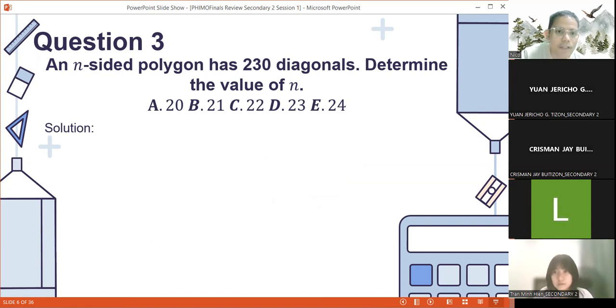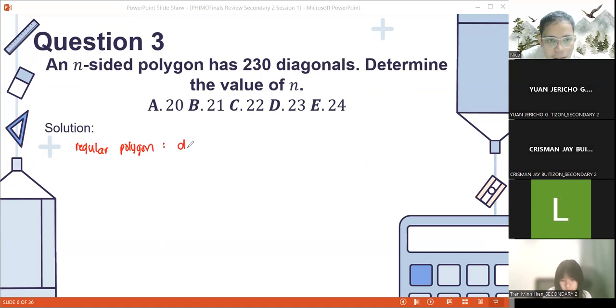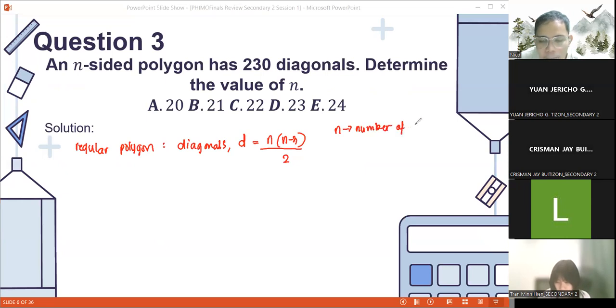So for number 3, you just need to solve for the n-sided polygon, which has 230 diagonals. So in a regular polygon, the diagonals, or we write it as letter D, is equal to n times n minus 3 over 2, where n here is the number of sides.